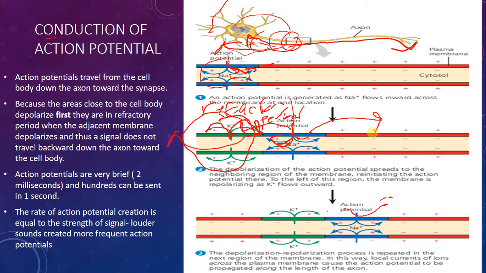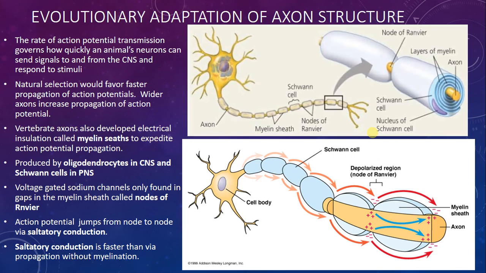For example, a loud noise that is picked up by the sensory neurons in your ears creates a very frequent action potential, whereas a soft noise only signals a not so frequent action potential.